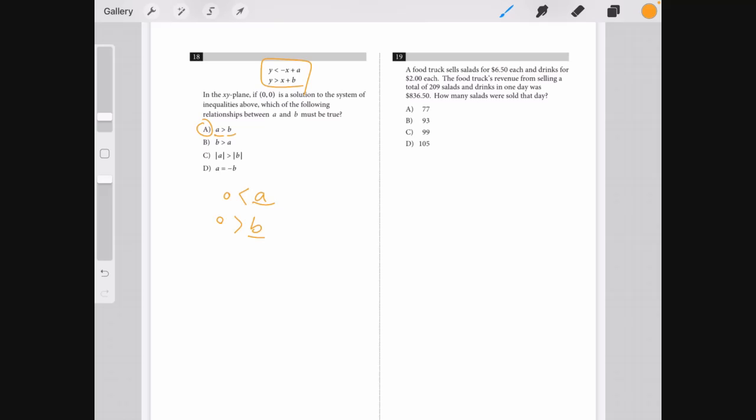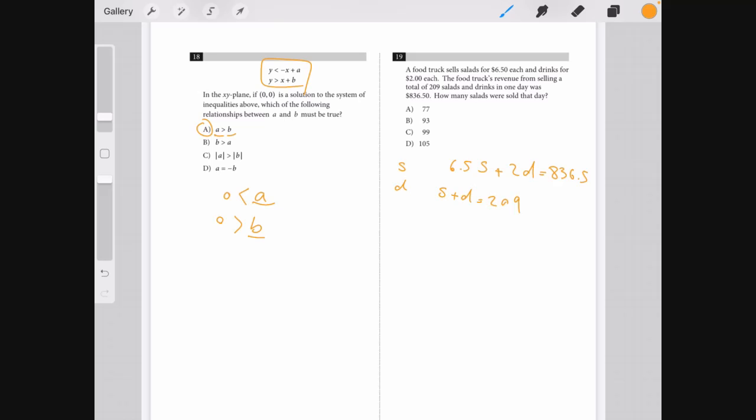So let's take salad S, drinks D. So it's $6.5 per salad, $6.5S plus $2D will be equal to 836.5. Now we know they sold salads and drinks together, 209 units of them, right?